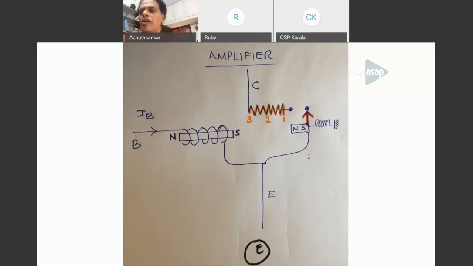So the north faces of the electromagnet and the permanent magnet come face to face. They will repel, so there is no possibility of closing the open circuit between collector and emitter. Do you understand? Please repeat if there is any specific explanation that I missed.